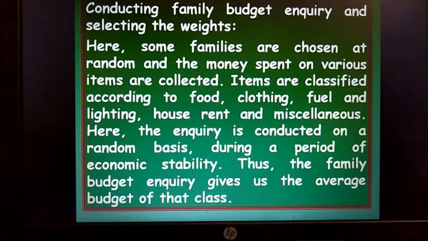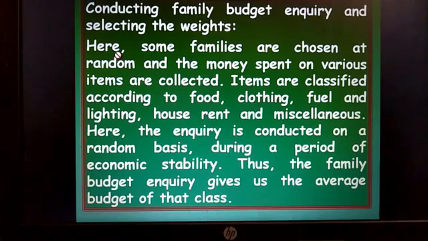Because in terms of aggregative expenditure method, Q0 will be the weight applied. But in case of family budget method, different self-defined observed weights will be there for various items. That's why, selecting weights also is very much essential. So let us see.